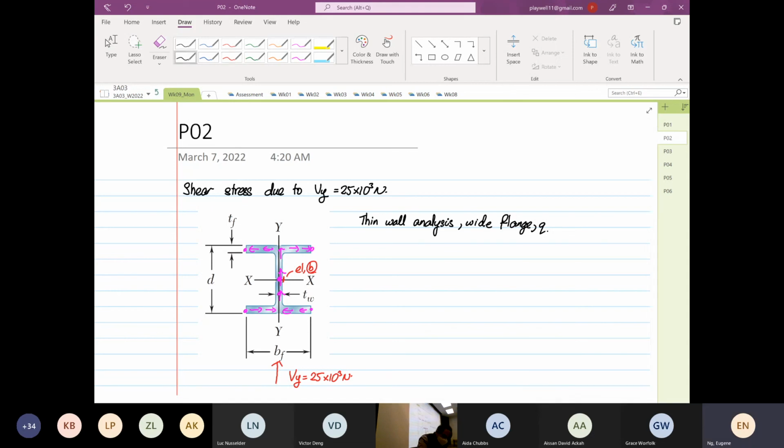So our shear stress now is in the Z plane, y-axis, or the shear flow is acting in the y direction. So this will be equal to Vy over Ixx, Qx, first moment of area about the x-axis, divided by t.